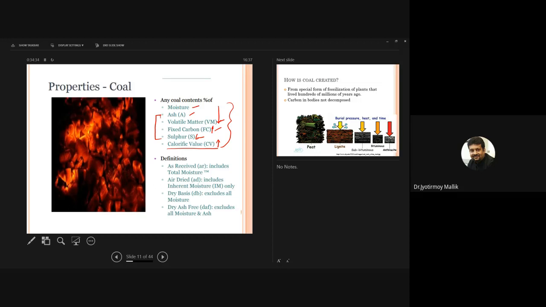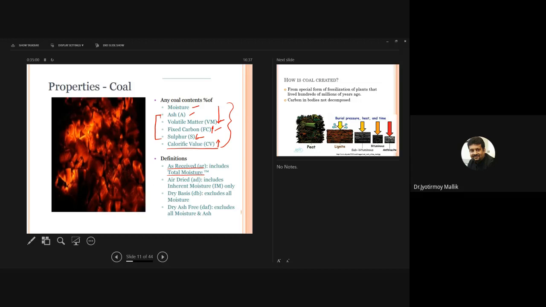Now, there are other specifications that you can also add. You can express the moisture content as total moisture or as received. That means you take the coal out of the mine and sell it, so that is the total moisture content. You don't do any treatment to your coal.